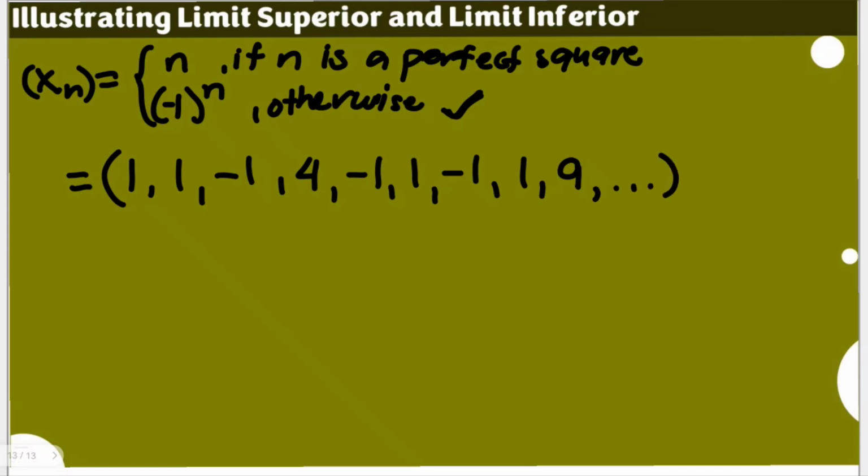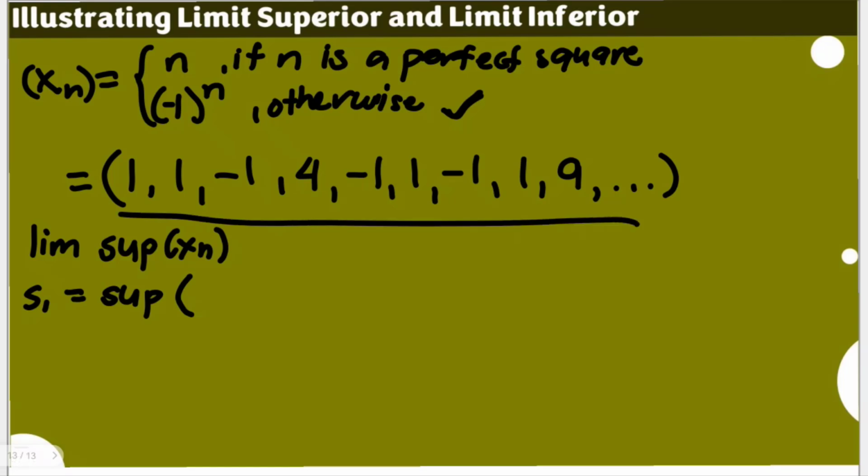Okay? So let's determine the limit superior and limit inferior of this given sequence identified by this piecewise function. For the limit superior of x sub n, it's the infimum of the set V. Let's start identifying first the elements of set V as the supremum of the entries here, depending on where we start. So let's start with the first one, containing all: 1, 1, -1, 4, -1, 1, -1, 1.